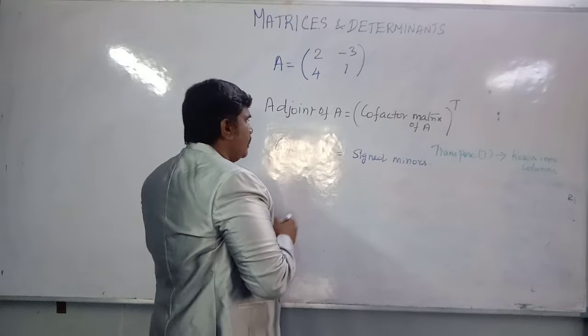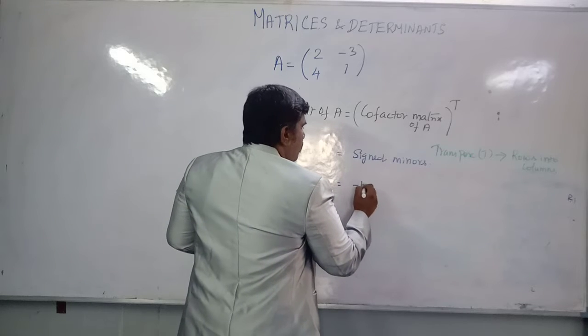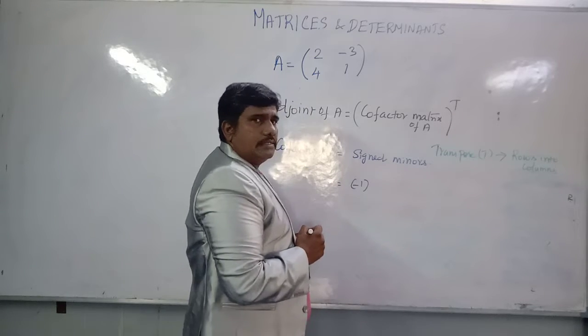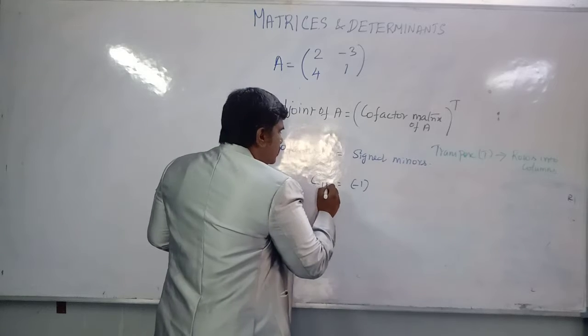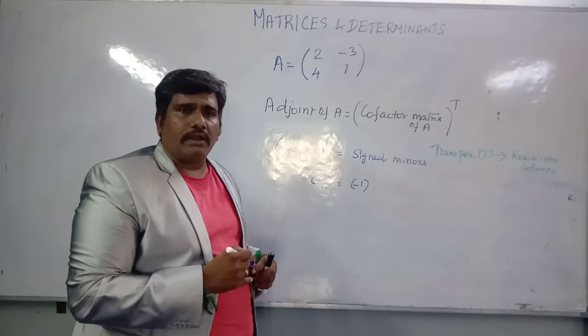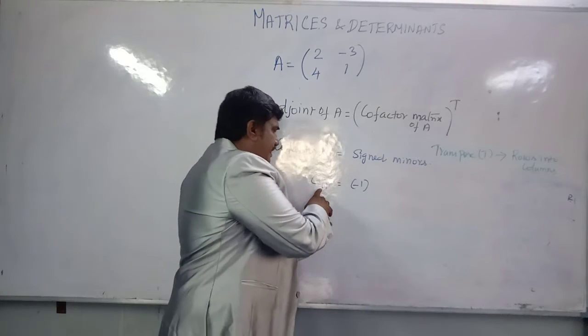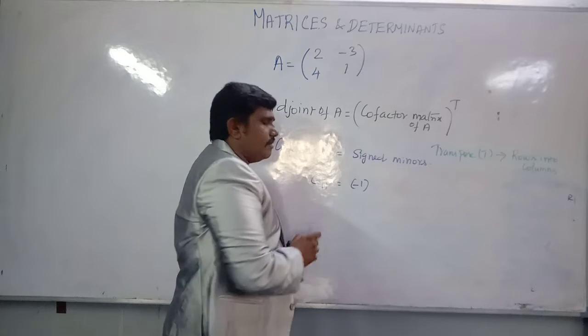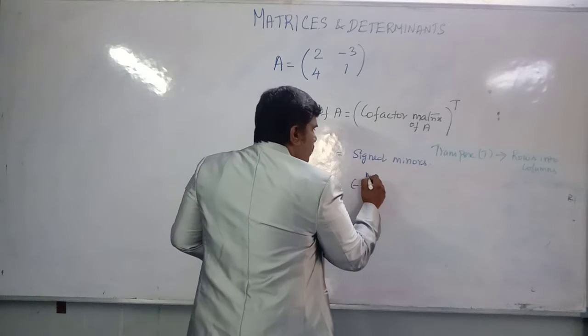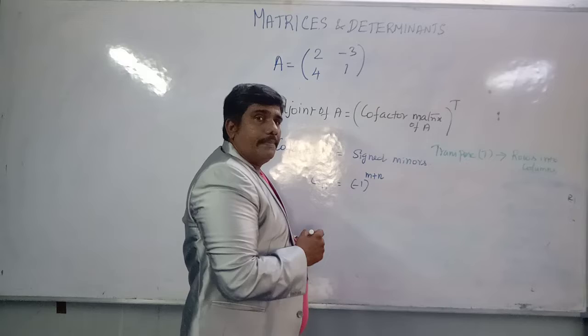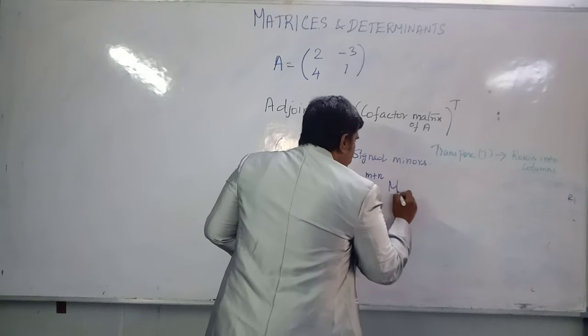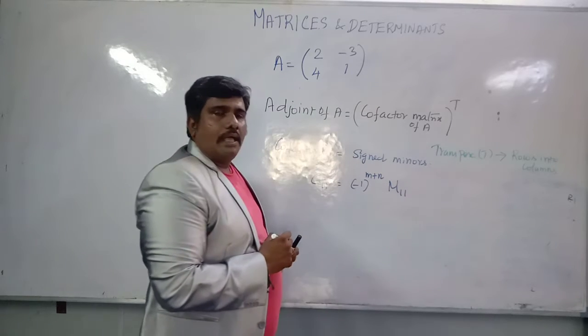What do you mean by signed minors? I denote C11, that is the cofactor of the element present in the first row, first column, as minus 1 whole power m plus n of M11.